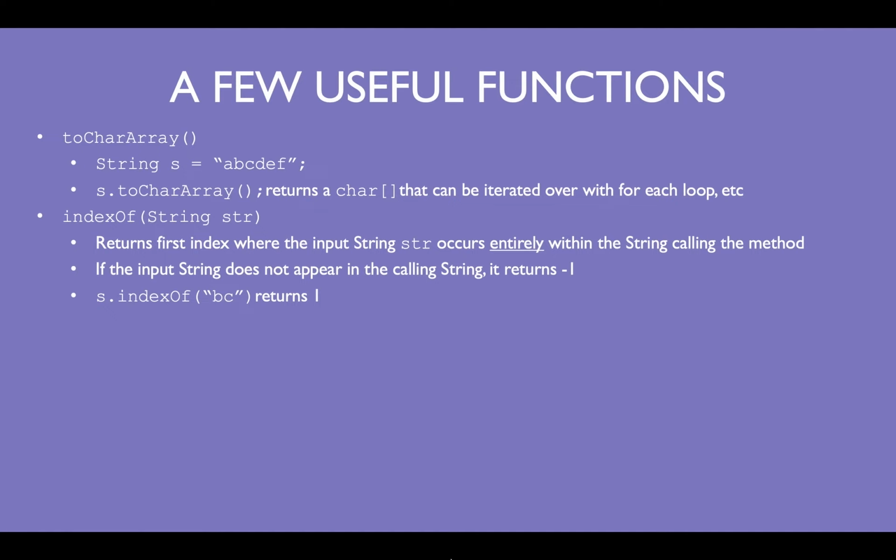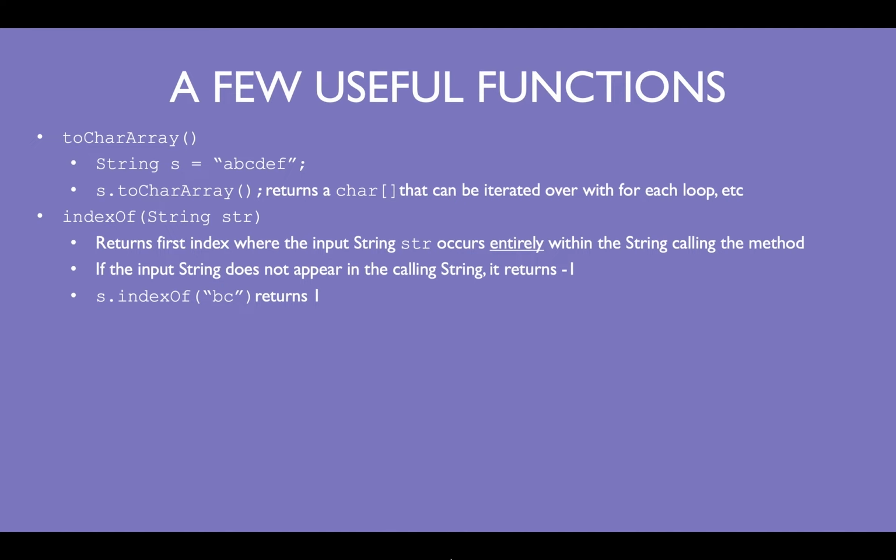So using the string s as we have declared before with abcdef, if we do s.indexOf the string bc, it returns the first index where bc occurs, or where bc starts to occur. So that should be 1, right?